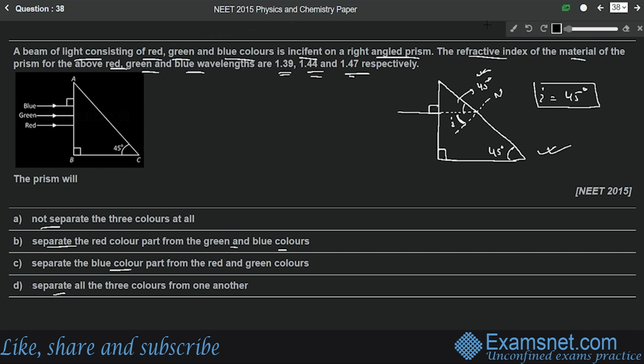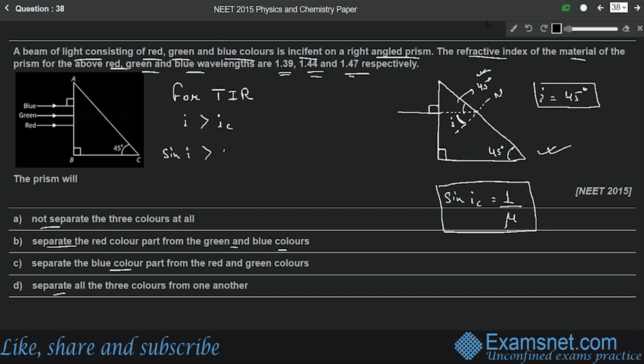Now we have to check total internal reflection. For total internal reflection to take place, the angle of incidence must be greater than the critical angle IC. And sine IC is equal to 1 by mu, where mu is the refractive index of the material. So I should be greater than IC, so sine I should also be greater than sine IC. Sine I is sine 45-degree, that means 1 by root 2.